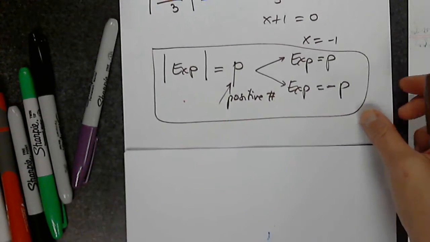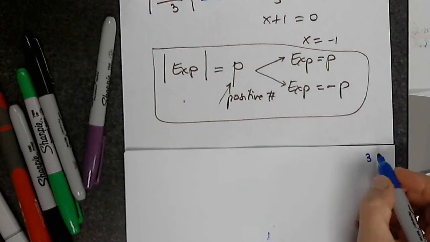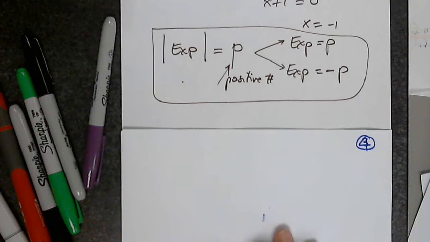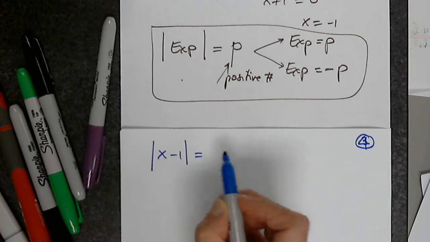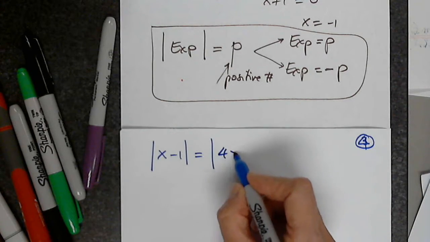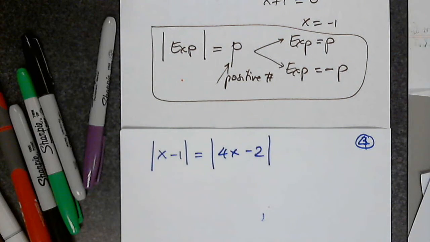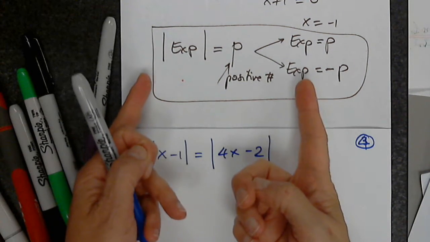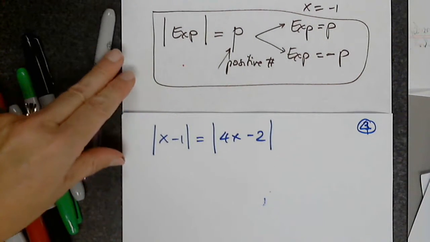Now, what if I have 2 absolute value expressions? Let me give you an example. Let's say the absolute value of x minus 1 equals the absolute value of 4x minus 2. How many options would there be in this situation?